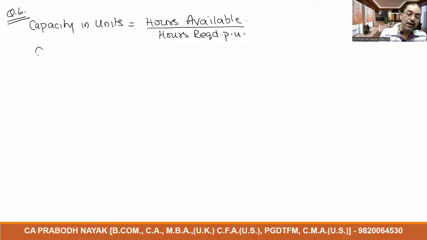Okay, I'll take cutting process. How many hours are available for cutting process? 50,000. And what is the requirement per unit? 5 hours per unit. So how much I can produce maximum here? I can produce maximum 10,000 units.